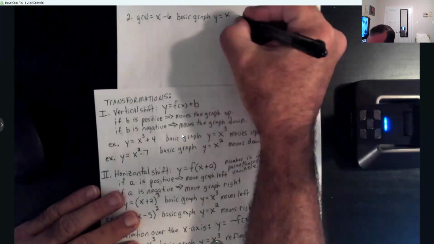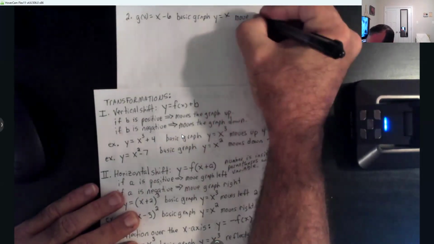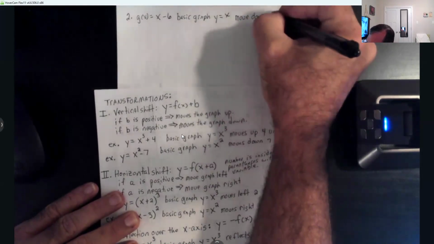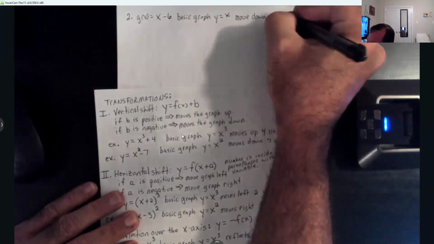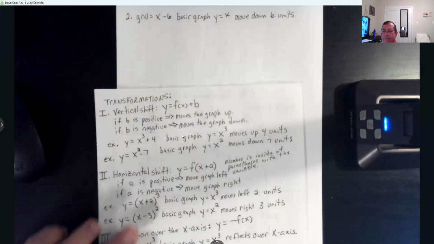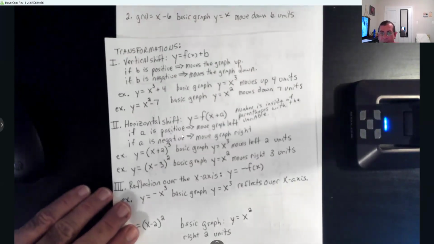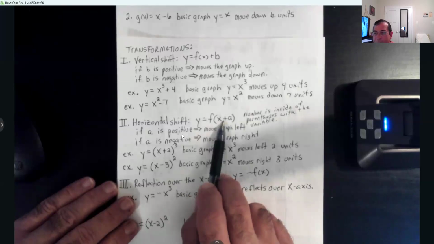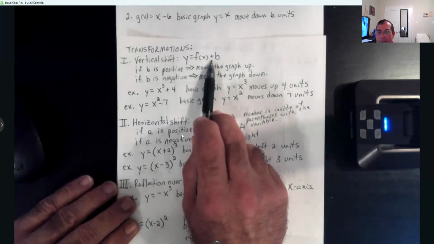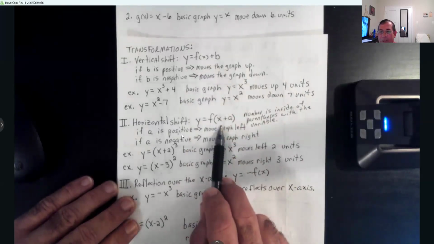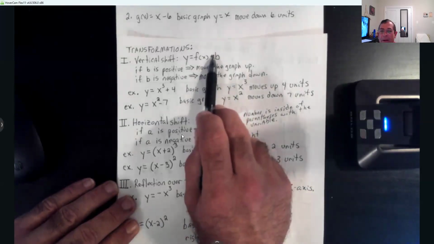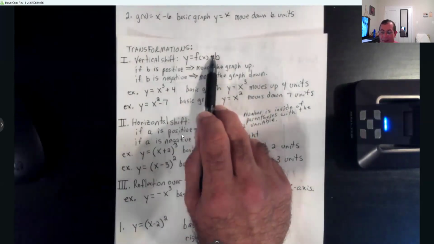So this is going to move down 6 units. Okay, so you got to look at it. Are you in parentheses or are you not? In parentheses is left or right. Not in parentheses is up or down.